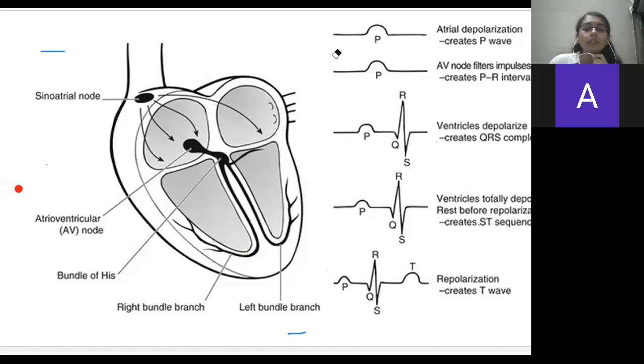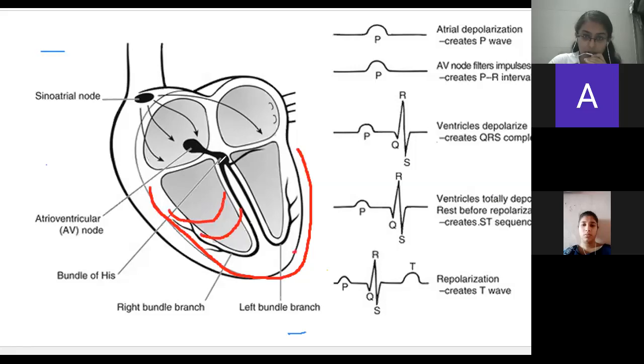Okay. Now the repolarization that is taking place, the repolarization will be from the corners. I'm so sorry. Yes, the repolarization will be taking place from the corners to the center. The direction of repolarization will be this. So the vector that is formed is negative because it is repolarization.